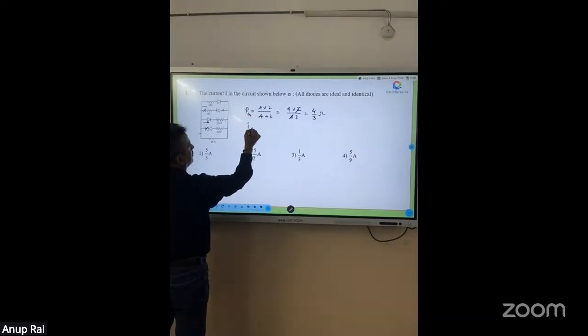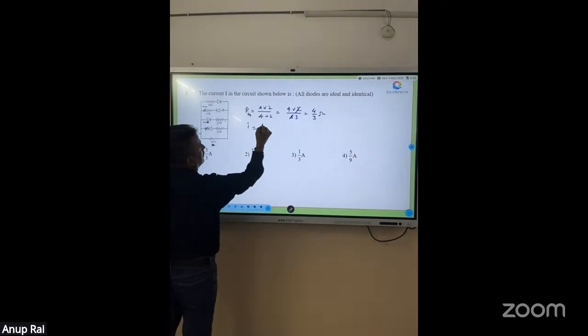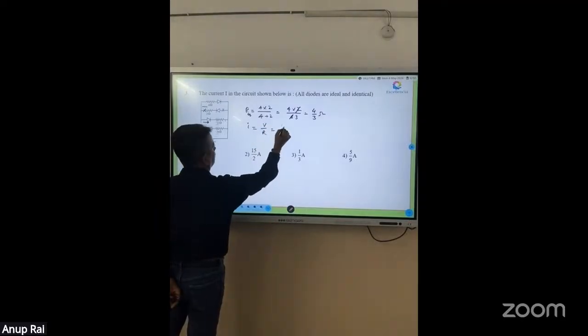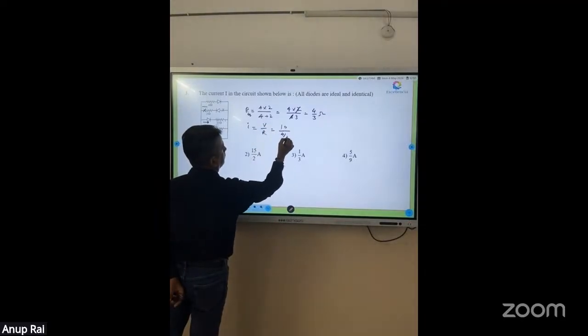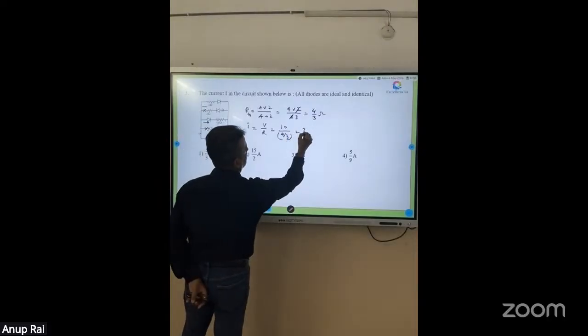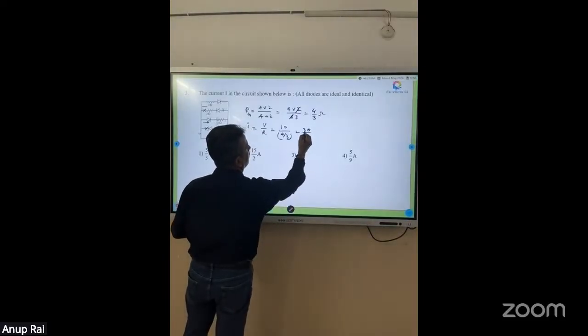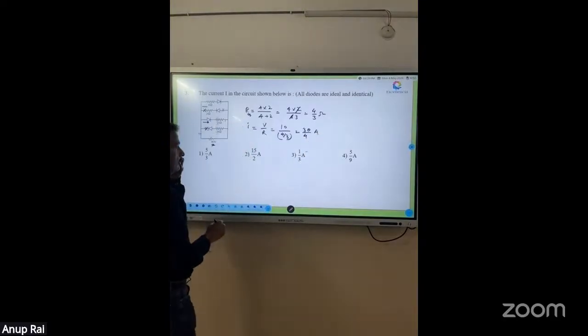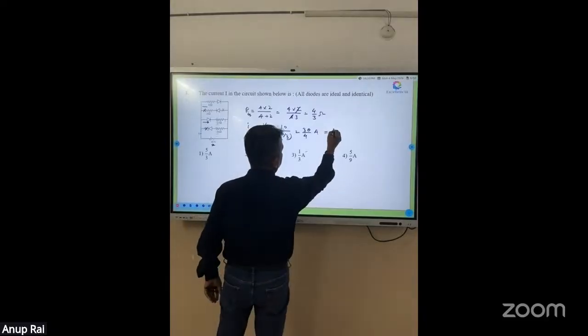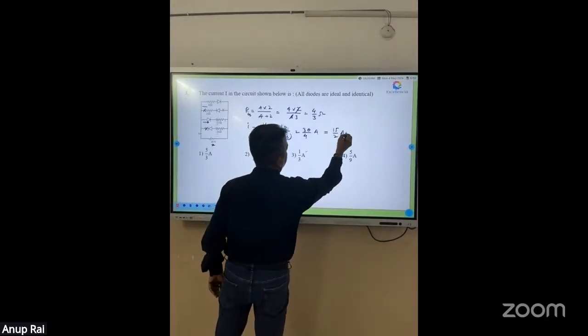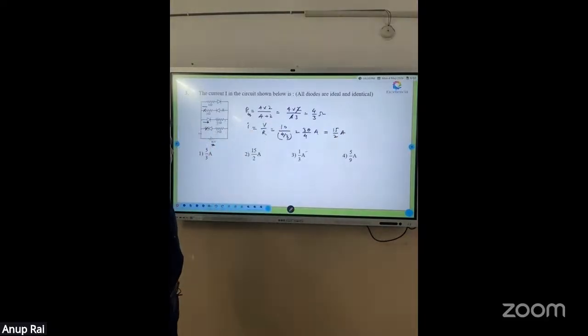The current is going to be total potential divided by the equivalent resistance, which is going to be 30 by 4 ampere. 30 by 4 can also be written as 15 by 2 ampere. So this is the answer.